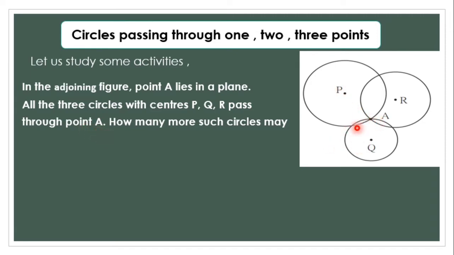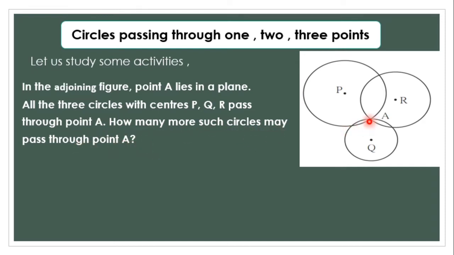Here three circles are given with centers P, Q and R, and all these three circles have one common point, that is A. Then we have the question: how many more such circles may pass through point A?